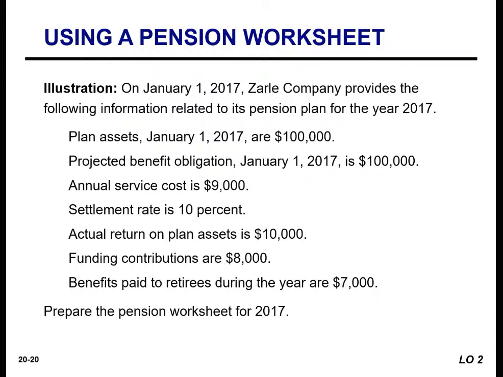The annual service cost is $9,000. The settlement rate is 10%. The actual return on assets is $10,000. Funding contributions are $8,000. Benefits paid to retirees during the year are $7,000. We're going to prepare the worksheet for 2017.